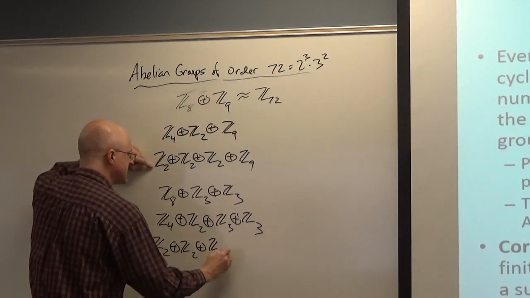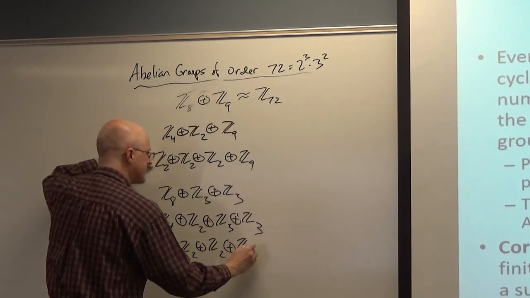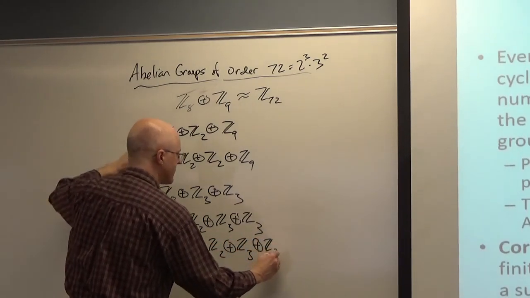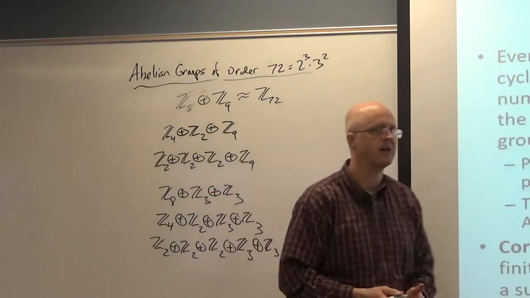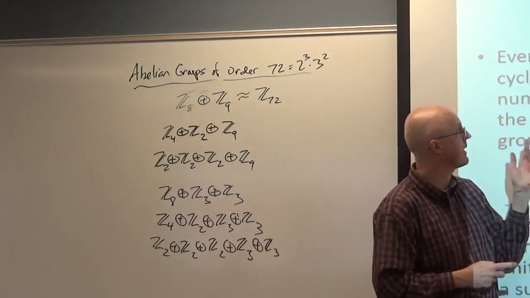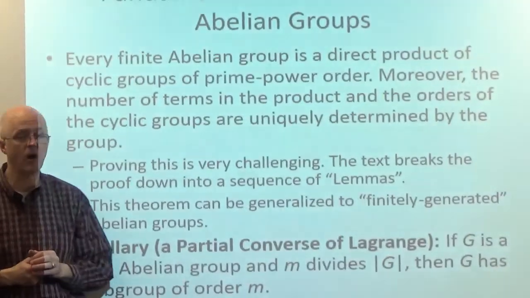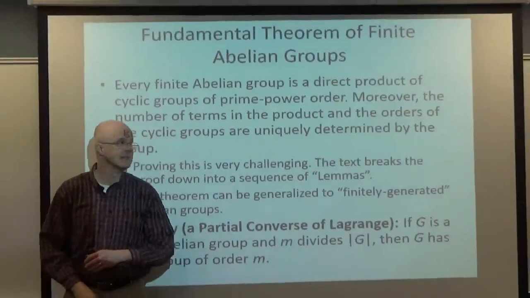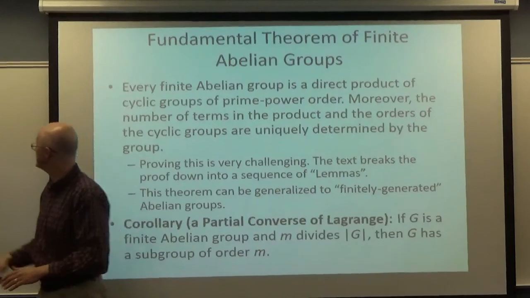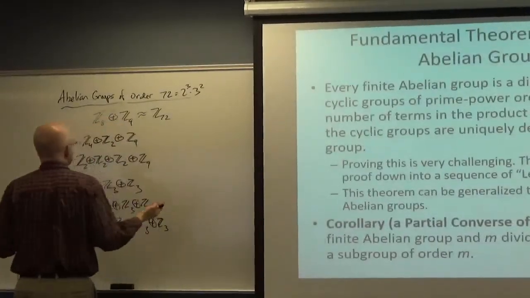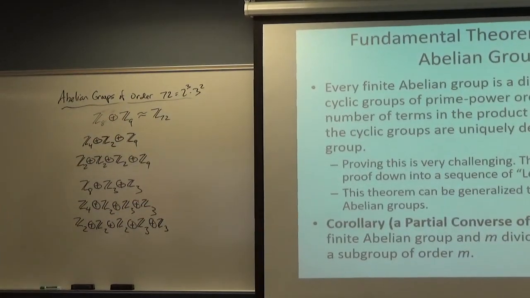So in each of these cases, we are coming up with examples that do fulfill the conclusion of the theorem. We've broken these things down into the external direct product of cyclic groups of prime power order in each of these cases. And if you think about it, because 72 is 2 cubed times 3 squared, there's no other possibilities. So there are 6 abelian groups of order 72 up to isomorphism.